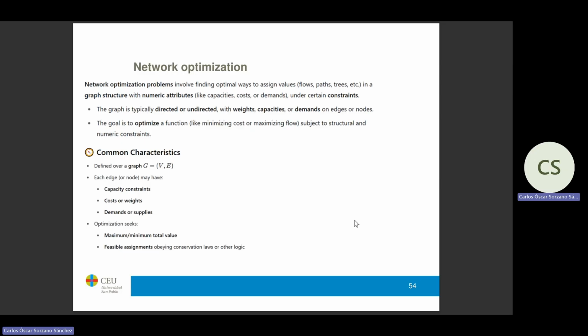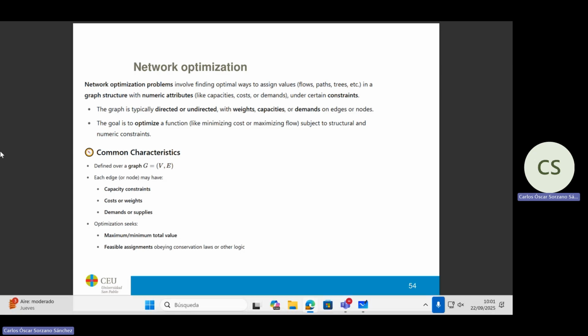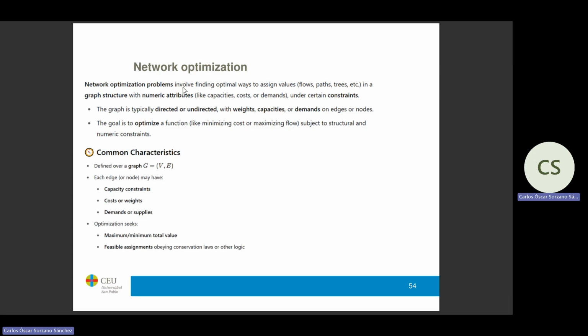Okay, next. Then we have some problems related to networks. Network optimization is also one of the branches of discrete models. You have a graph, and in this graph you have edges and nodes, and each one may have some values associated.